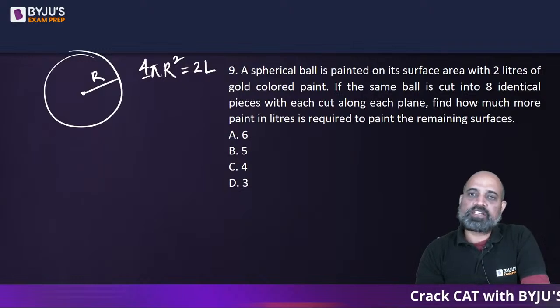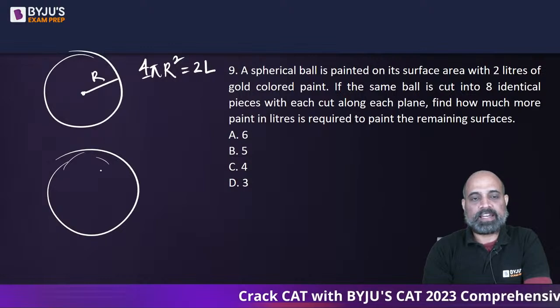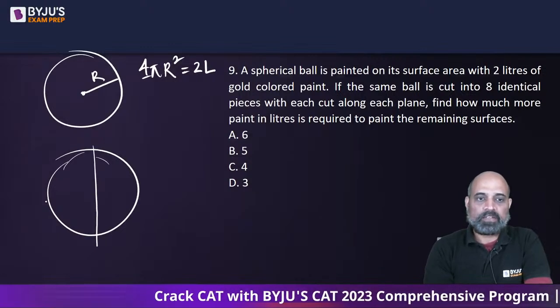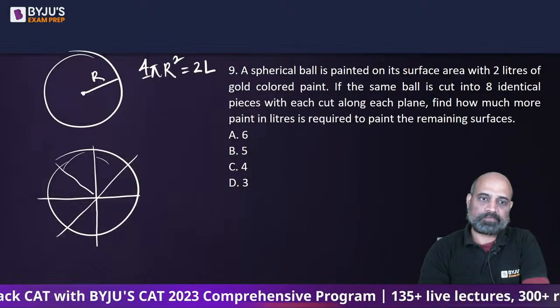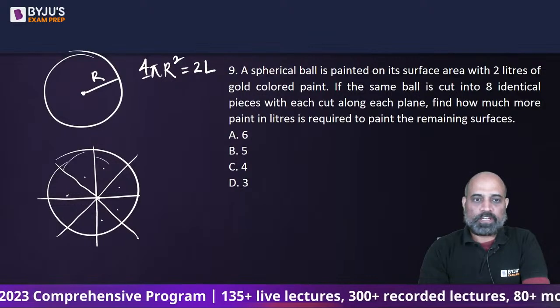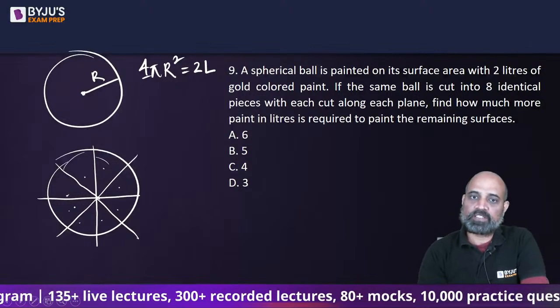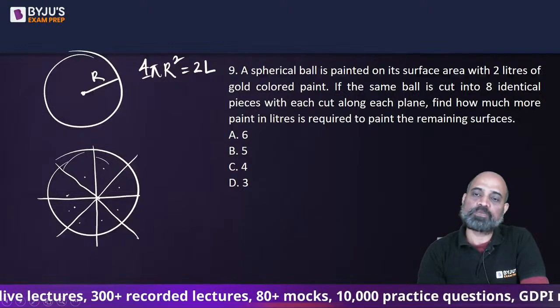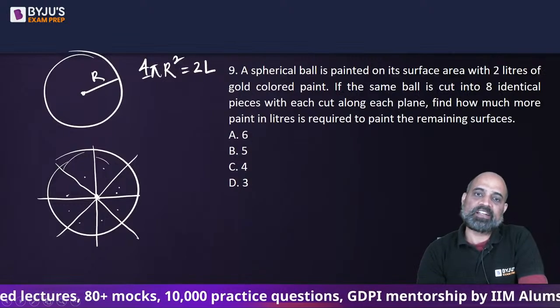If the same ball is cut into 8 identical pieces, so 8 identical pieces would mean halfway, and then like this. So 1, 2, 3, 4, 5, 6, 7, 8. So we have got 8 identical pieces, each cut along each plane. Find how much more paint in liters is required.